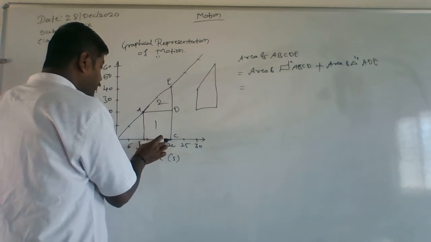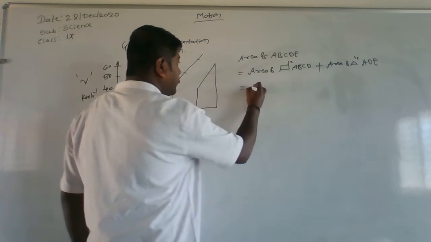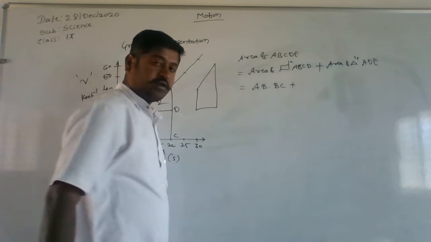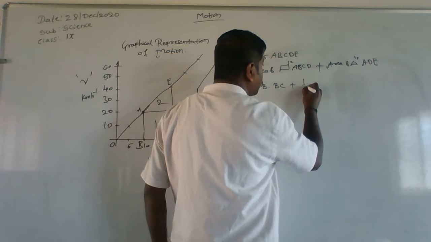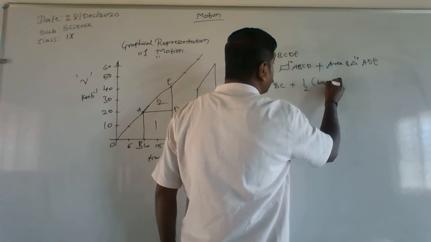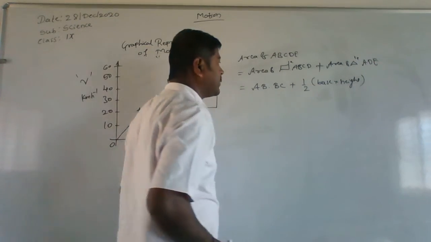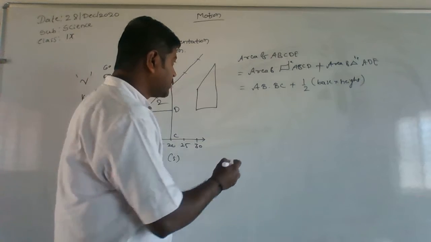So if you assume this as breadth, this as length, then it is AB into BC plus area of triangle. What is that? It is half base into height.